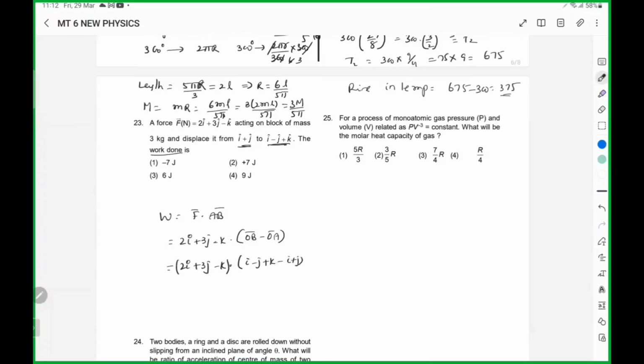Minus of i plus j, the i gets cancelled, so 2i plus 3j minus k dot minus 2j plus k. Here it is minus 6 minus 1, that is minus 7 joules.